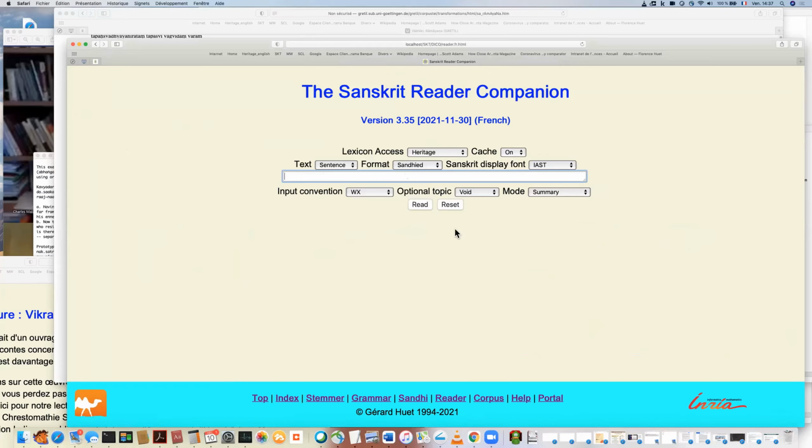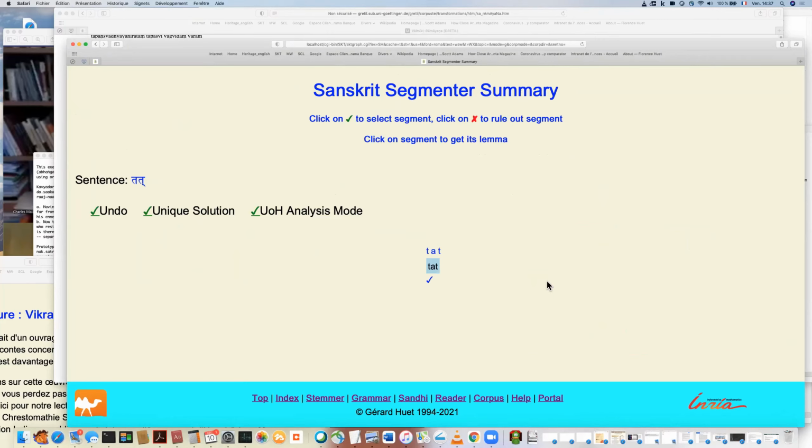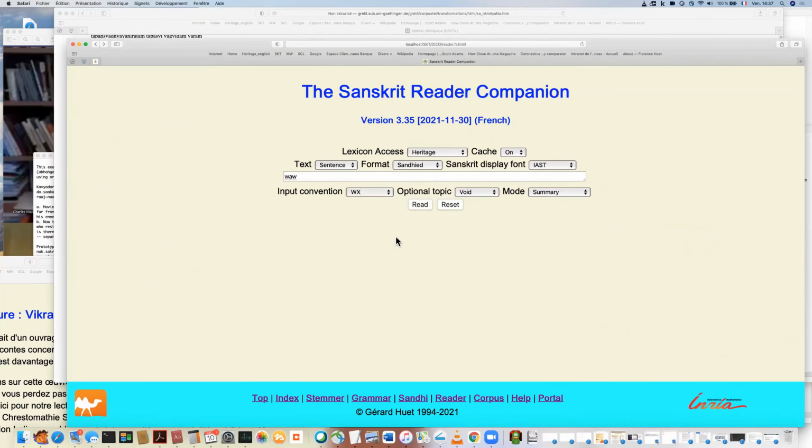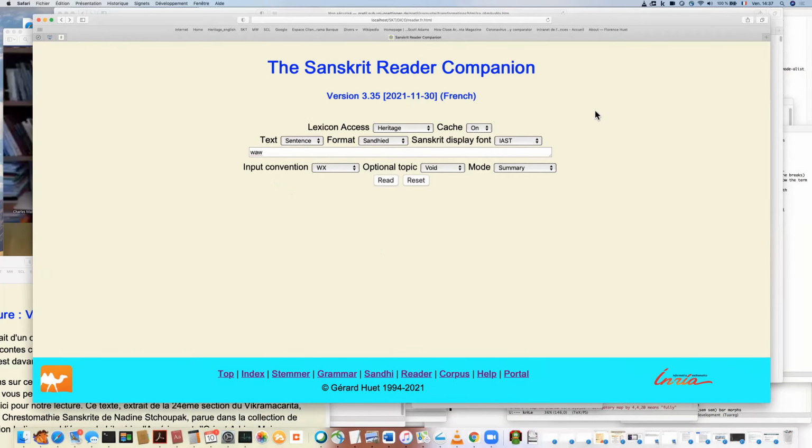Here I'm typing in WX. So the system doesn't care where the text is coming from. You can type it in any convention, or you can take it from the net and some already digitally recorded corpus.